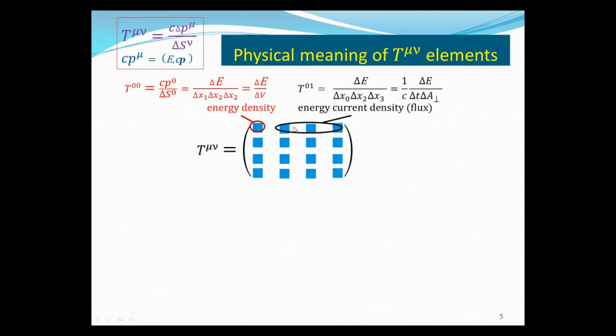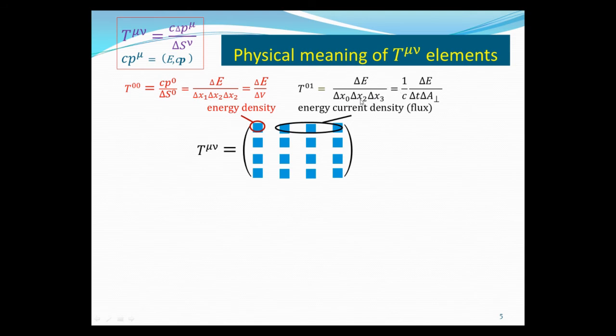Now let's do the 1, 2, 3 of the first row, T01. Again, the 0 gives the energy, and now for the 1, delta S1 has delta x1 missing, just delta x0, delta x2, delta x3.